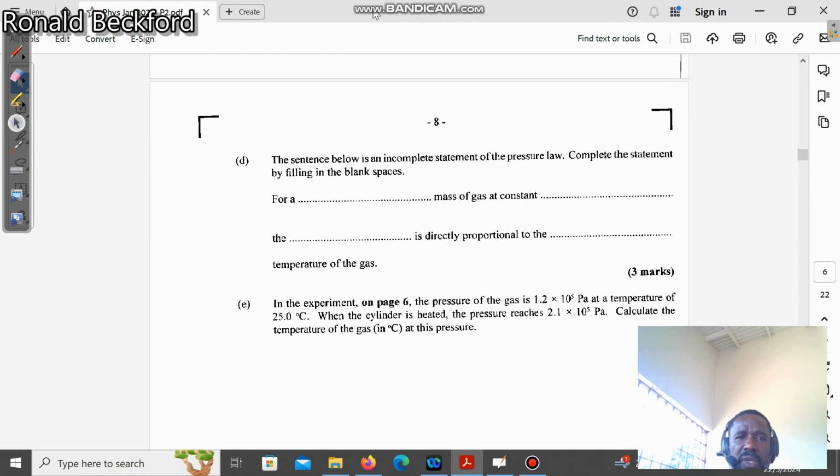It says that the sentence below is an incomplete statement of the pressure law. Complete the statement by filling in the blank spaces.